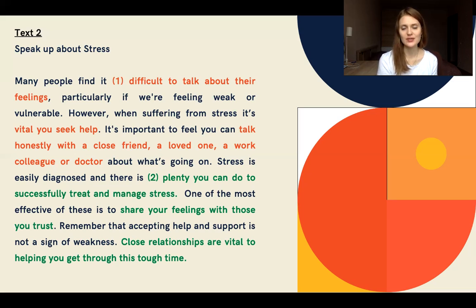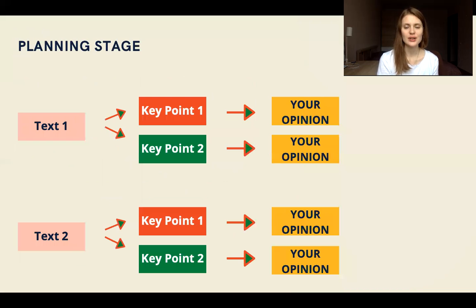And after you've identified the key points in both texts, so there are 4 of them in total, you plan your writing. I suggest that you draw some sort of a mind map or something. Let's look at what I propose. So as I normally do, and my students do, they draw a scheme.